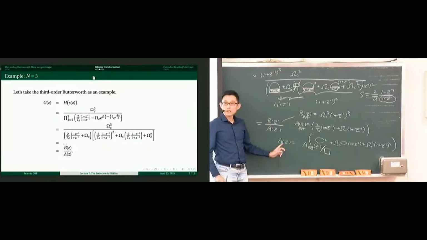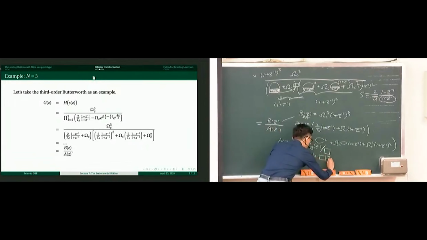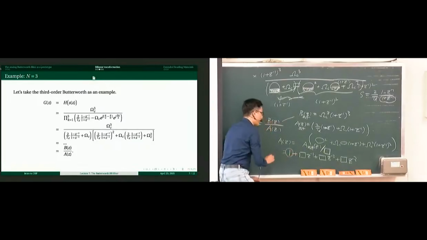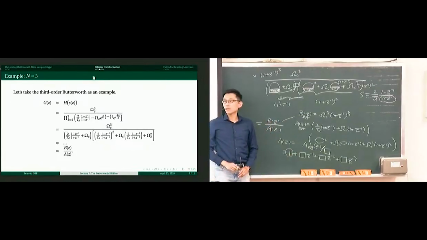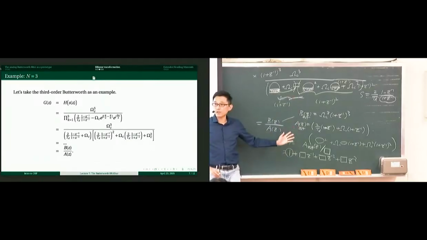So that A of z is equal to 1 plus something z inverse plus something. It's a third power, so we have 4 terms. Now, usually we like the first coefficient to be 1, okay? So that the corresponding difference equation is in the right format. Okay? So the tiny little details, just for your reference.